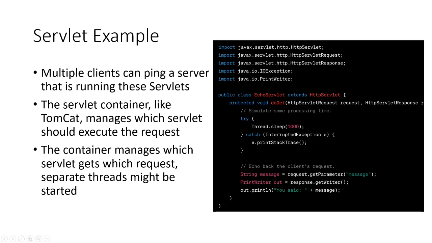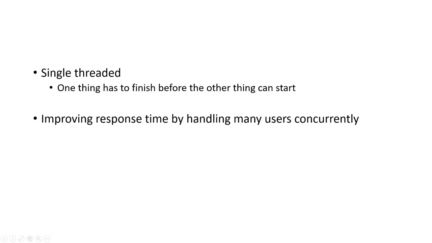This is one of the parameters in this method: request.getParameter message, response.getWriter, and then you can print out, oh, you said this, etc. Just a simple example of a servlet. You can imagine you'd have a doGet, a doPost, potentially a doPut. This is essentially the makings of a web server and creating endpoints and ultimately creating an API. So those are servlets. Single-threaded.